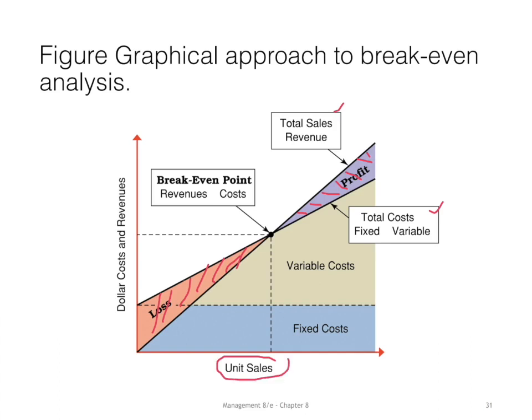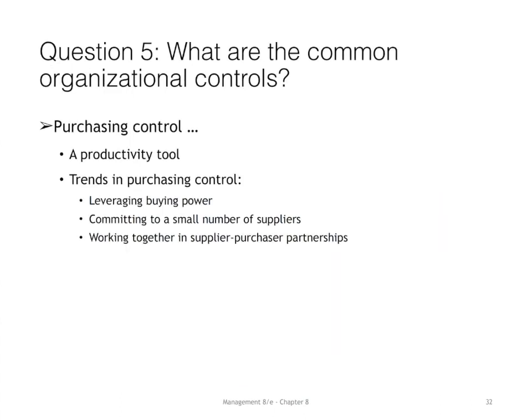The horizontal line is unit sales, and the vertical line is the dollar or rupiah in cost and revenue. So the break-even point is here. Break-even point: even, equilibrium. We can see this equilibrium. Okay, that is the illustration of the graphical approach to break-even point.